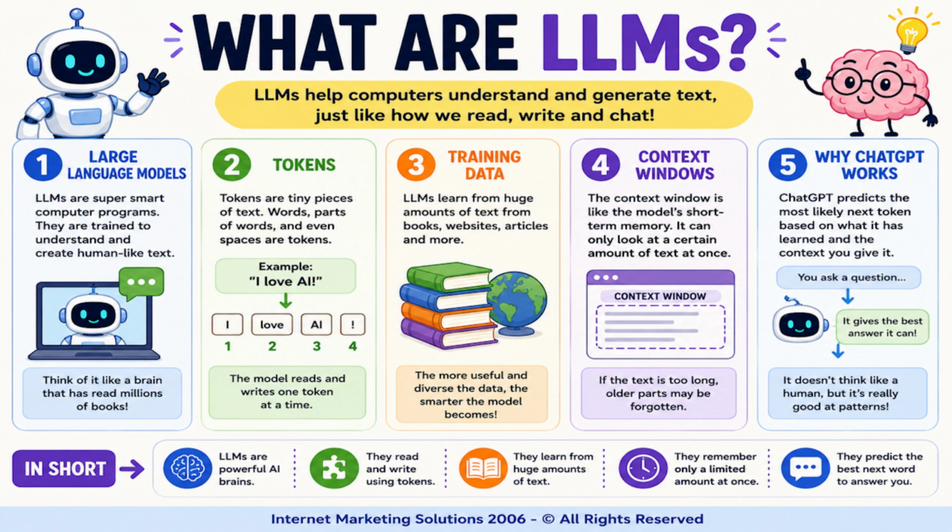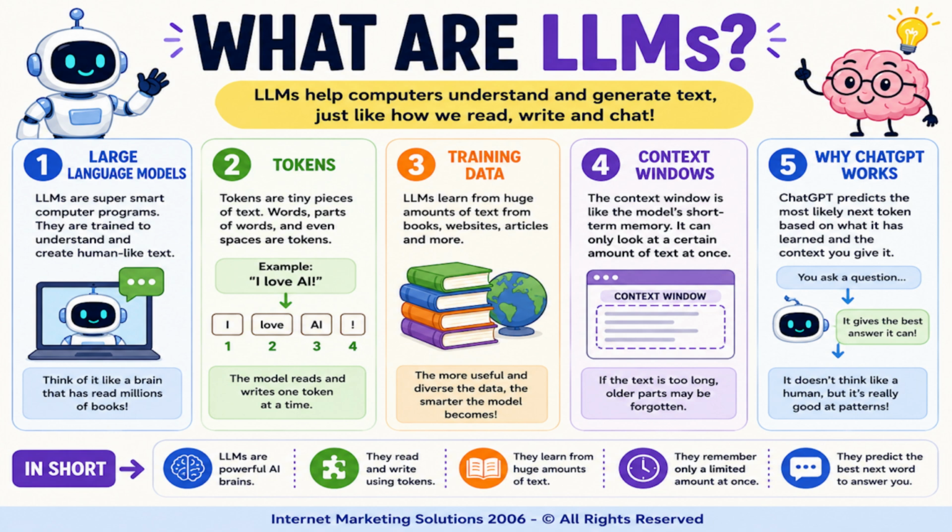How LLMs learn. Now here's where things get really interesting. LLMs are trained using enormous amounts of information from books, websites, articles, conversations, and other written text. Imagine giving a computer access to millions and millions of pages of writing. Over time, it starts recognizing patterns in language.